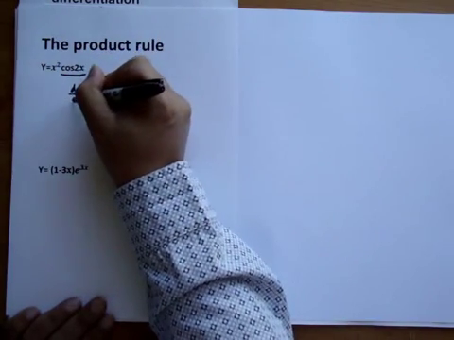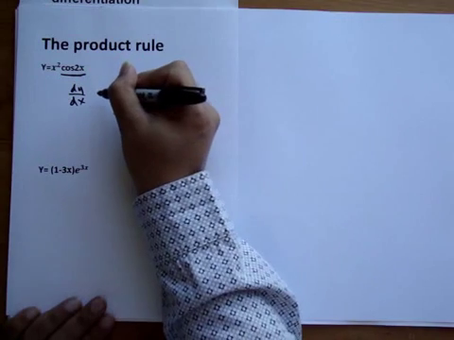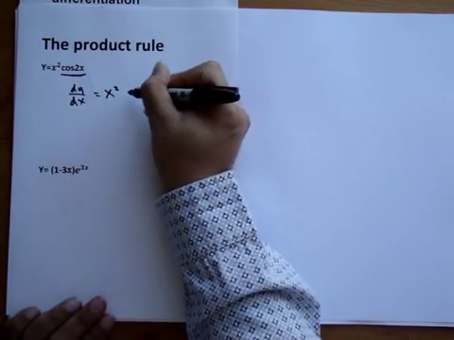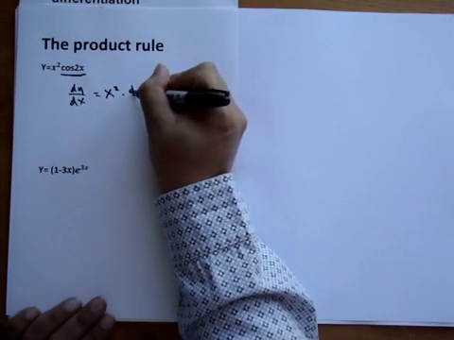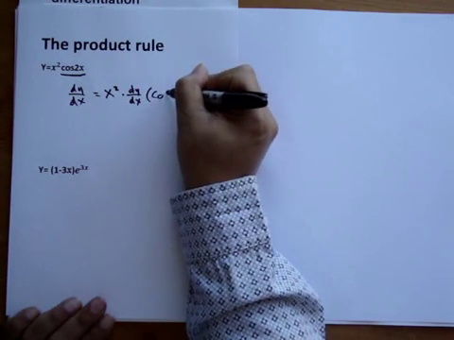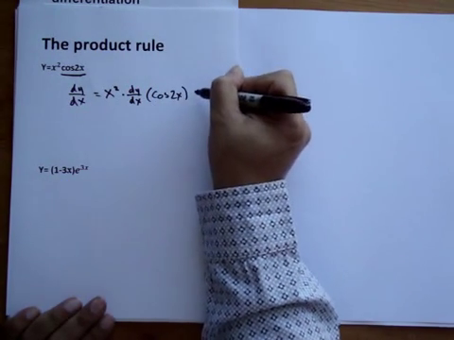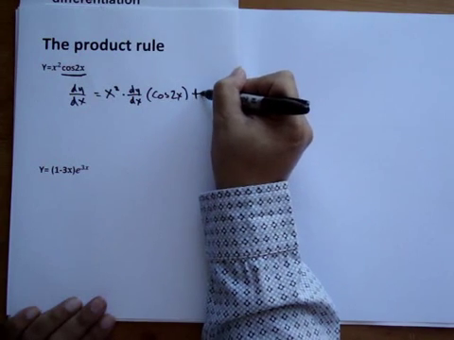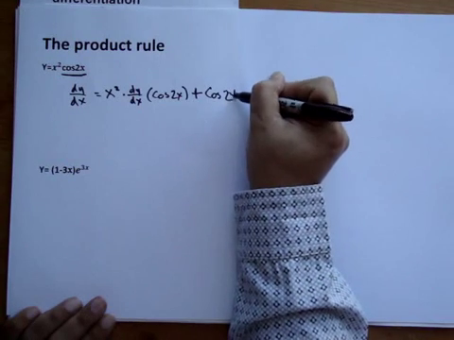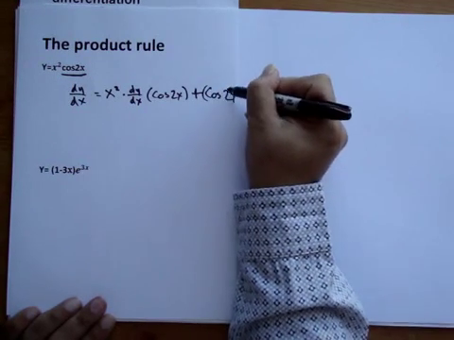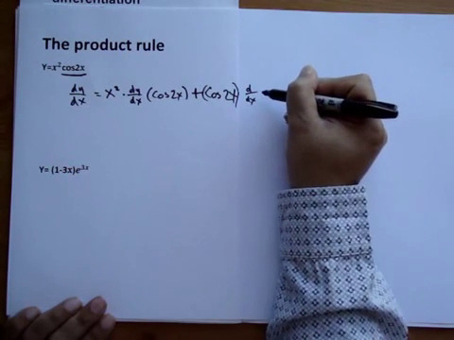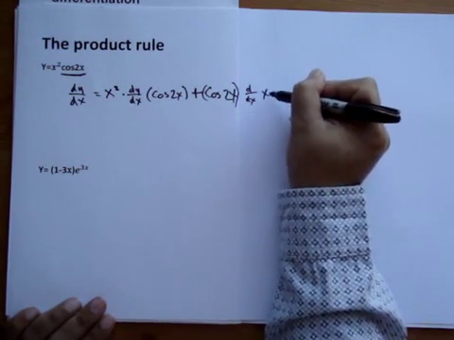Dy by dx, so leave the first alone, x squared times dy by dx of cos 2x, plus, leave the second alone, cos 2x, and multiply that by differentiating the first, which was x squared.